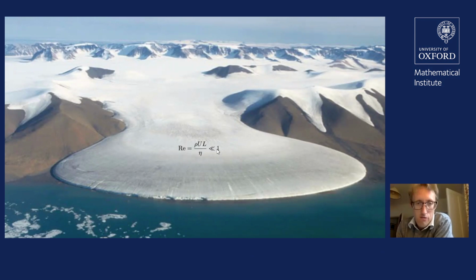So these are low Reynolds number flows. The inertia is obviously not important. When I say small, I mean 10 to the minus 10 or something. So we're going to do Stokes flow, but with a non-constant viscosity most of the time, which would normally be linear if you were doing a Newtonian fluid, but in this case, it's going to be non-linear.